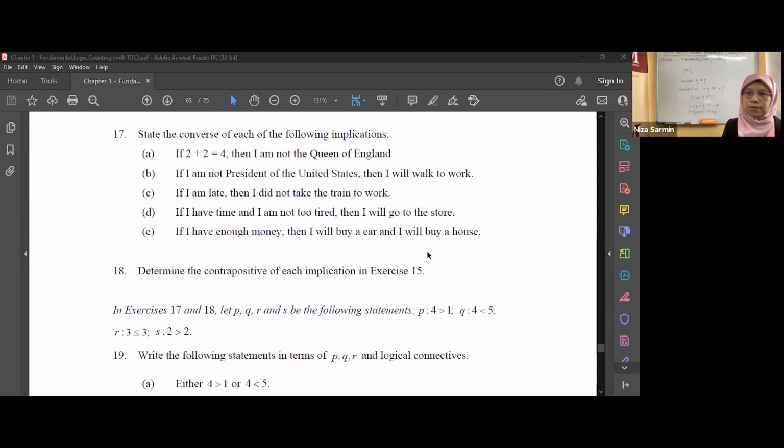Yeah, you just match up with the symbols. So sometimes you convert the statement into symbols. Then it's much easier to solve whether you have to do the converse or the contrapositive.